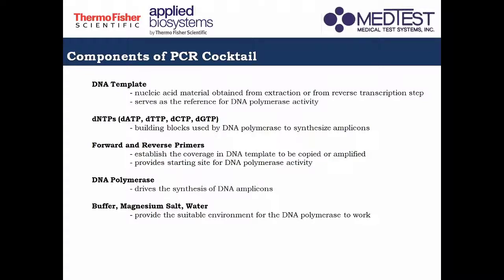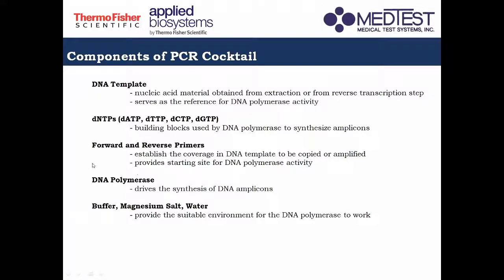So, kanina I discussed to you that the building blocks of the nucleic acids like DNA and RNA is the nucleotides. So for PCR, we use the building blocks, the dNTPs, so that it will be used by the DNA polymerase to synthesize your amplicons or copies of your DNA template.